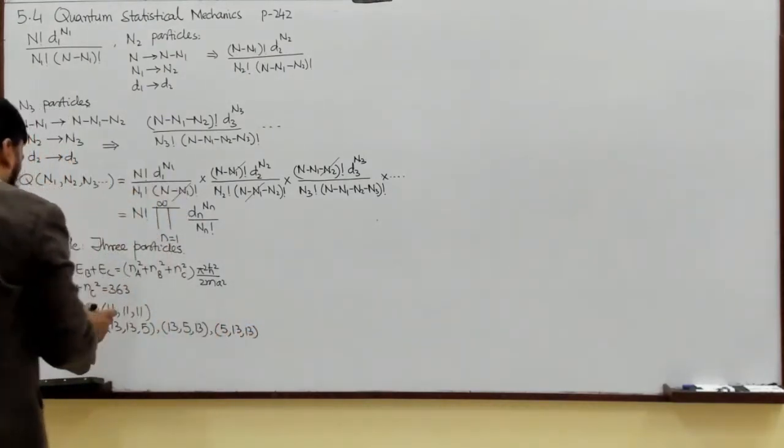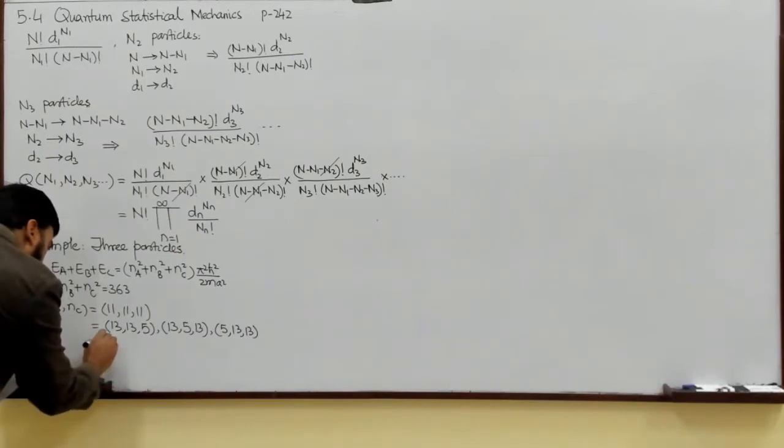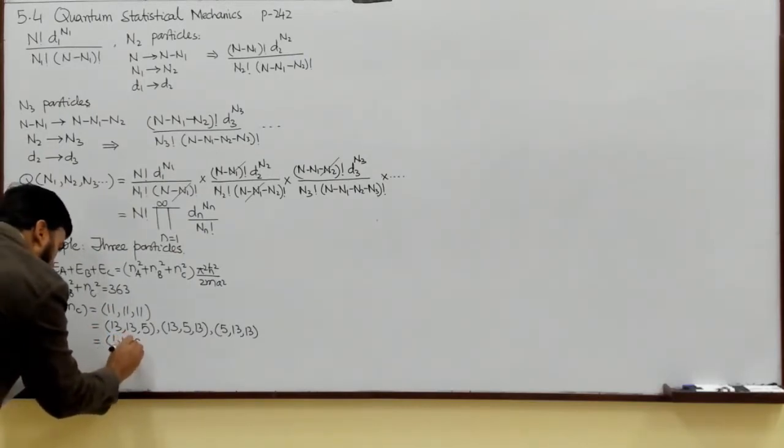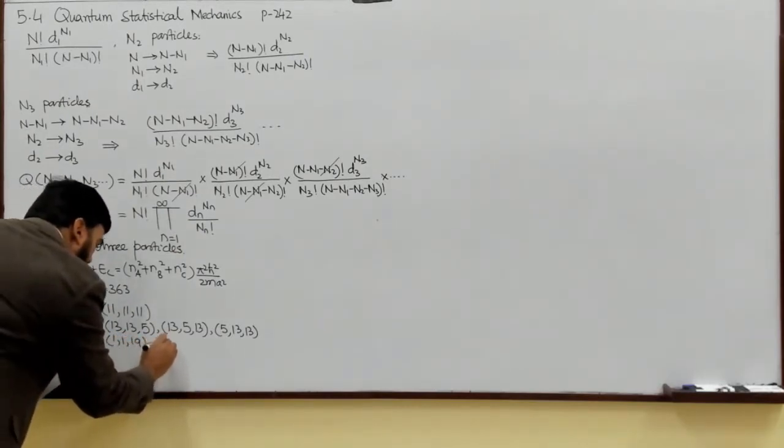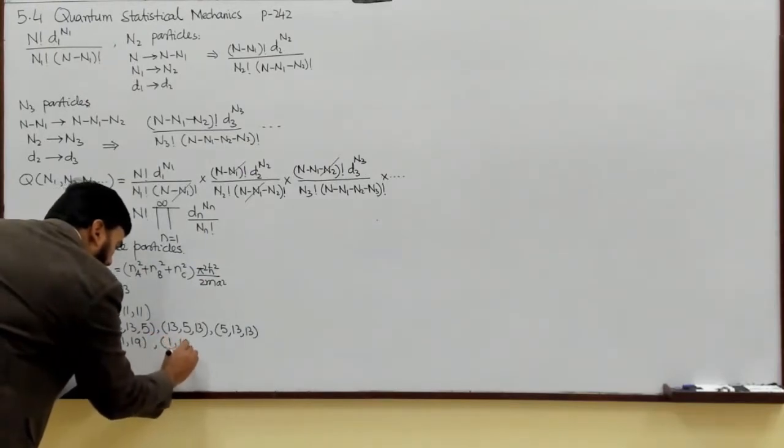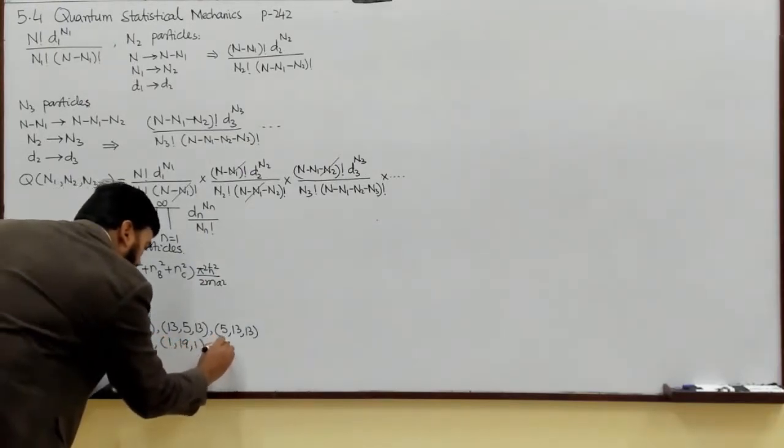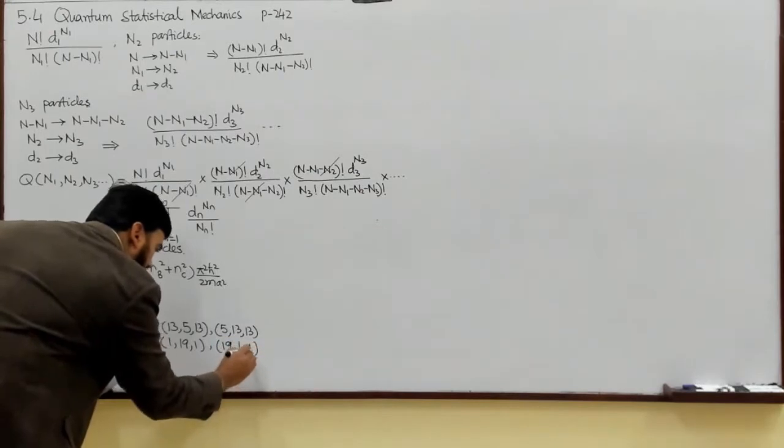Another way was 1, 1, 19, which can be 1, 19, 1 and 19, 1, 1.